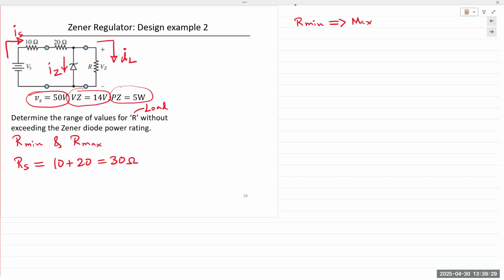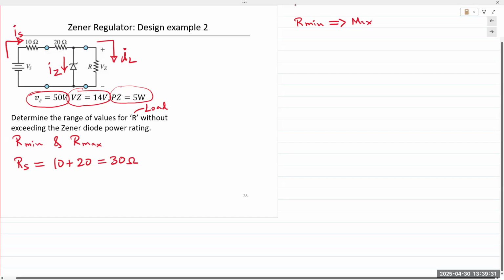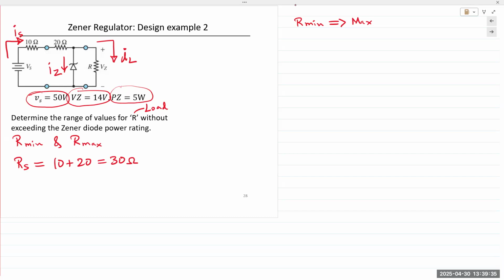So in order to find the minimum value of the load resistor, we need to work with the maximum value of the load current. Maximum value of the load current would mean, if you take that KCL into account, that Zener current is equal to 0. Again from our KCL, IS is equal to IZ plus IL.